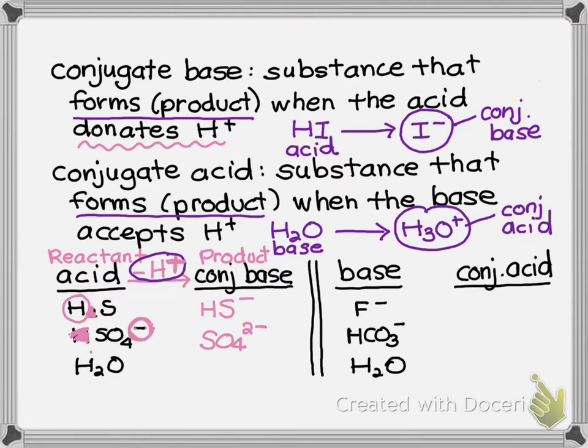So to figure out, if I only know that it's an acid, its conjugate base is the substance that would be left if you took away an H+. So you take away an H, and then you add another negative, because every time you take away a plus, you leave a negative behind. So let's look at water.